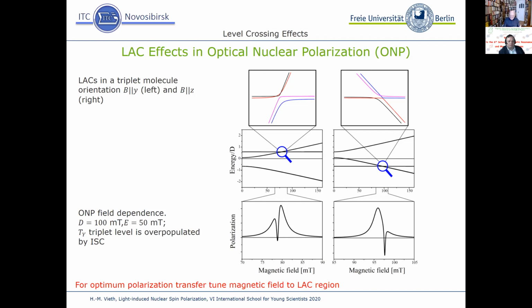When you have only the averaged scalar hyperfine interaction, then you get only two of these level crossings, and I come to that point later when we discuss in more detail the liquid state hyperpolarization. Yeah, so what you need for the polarization transfer from the electronic spins to the nuclear spins is hyperfine coupling. That's clear?